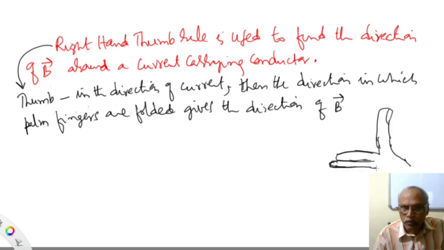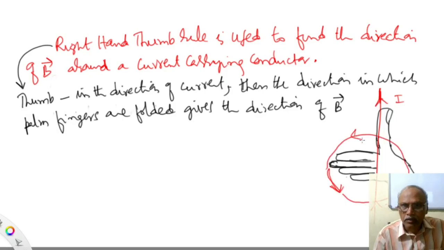Suppose this is the conductor and the current is going like this. This is the direction of current I. Now you fold the fingers. If you fold the fingers this way, that gives the direction of magnetic lines around it. This is the right hand thumb rule.